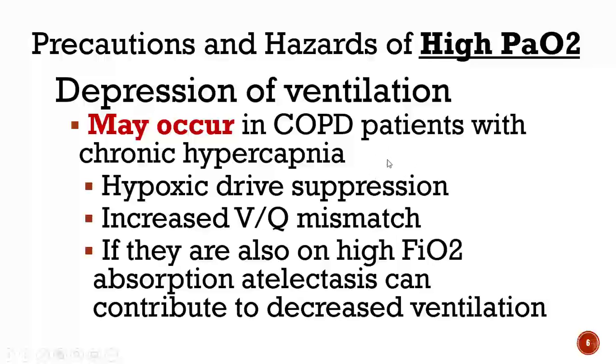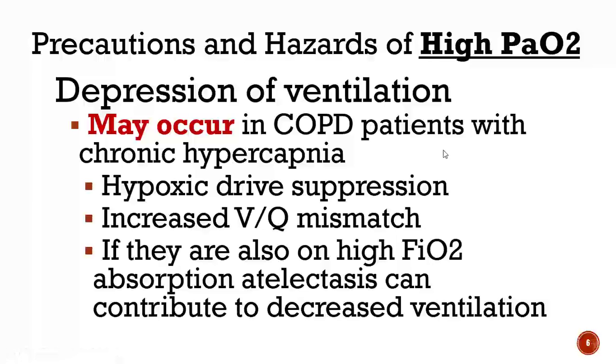And because of that, their normal ventilatory drive is essentially blunted. So they rely a little bit more on their secondary system of responding to low PaO2. So if you increase their PaO2 much above 60, you're going to depress their hypoxic drive. If this is not something you can remember, I definitely recommend looking through your notes.